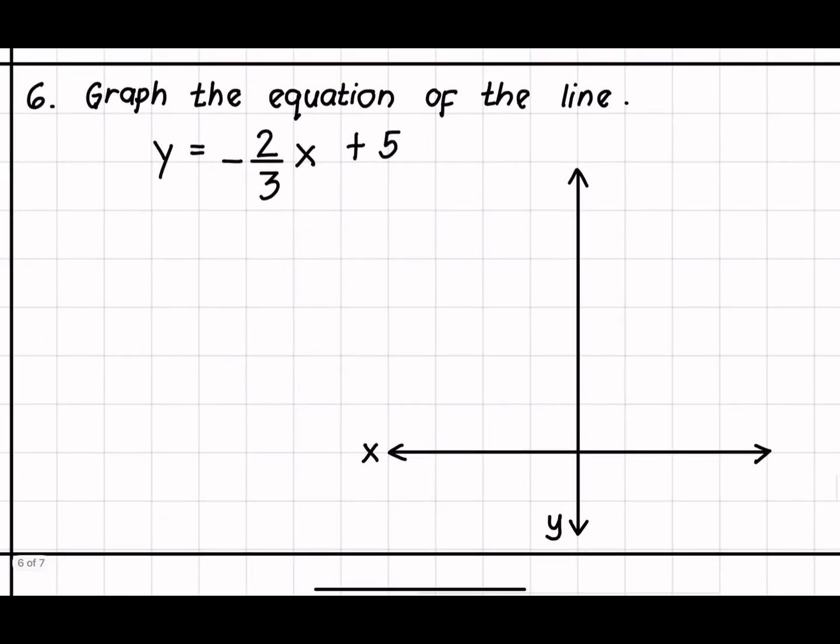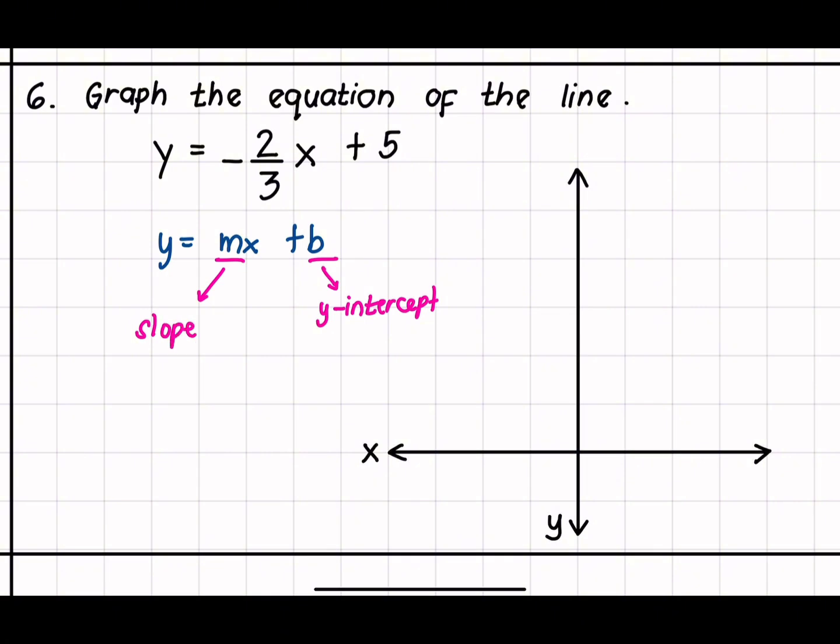Next, number 6. Graph the equation of the line y is equal to negative 2/3 x plus 5. So this equation of the line is in slope-intercept form, that is y is equal to mx plus b, wherein b is our y-intercept and m is our slope.